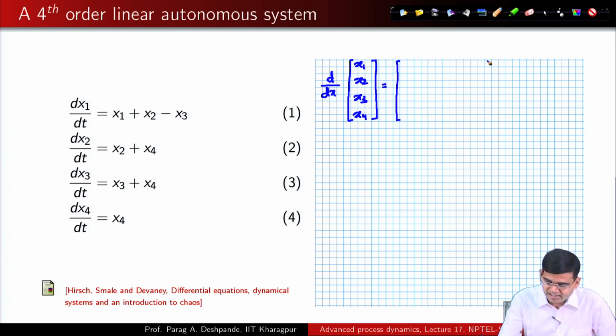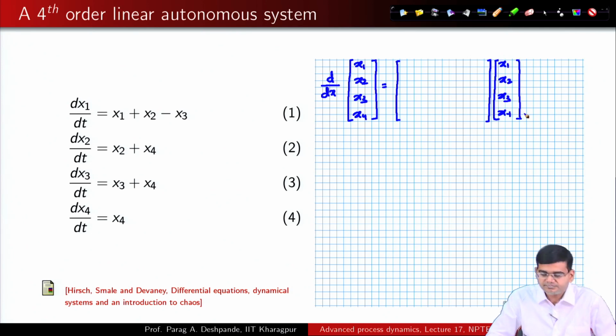This would be multiplied by a matrix, and you would get x 1, x 2, x 3, x 4 back. Okay. So, what would be the elements of the matrix?